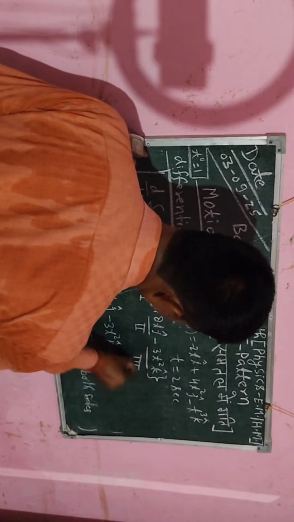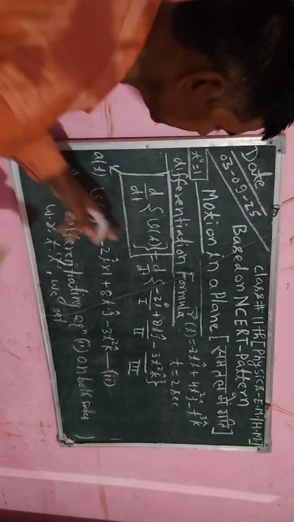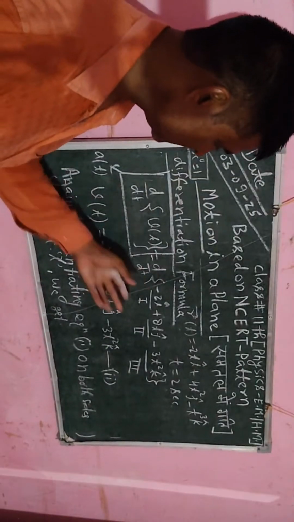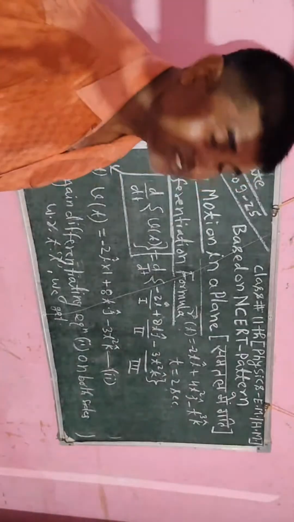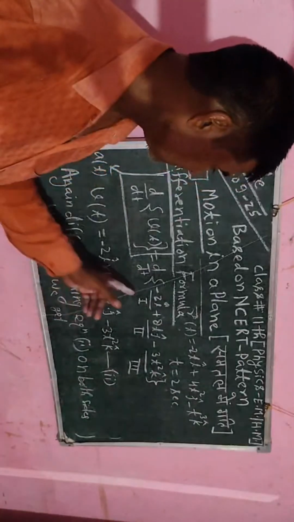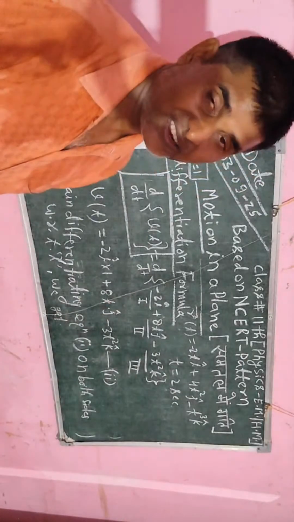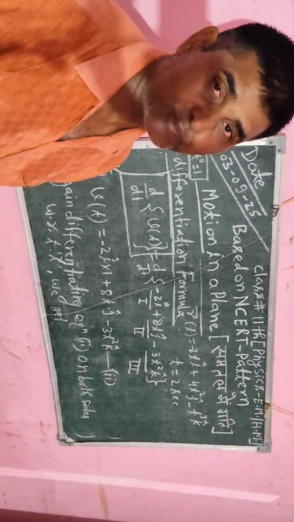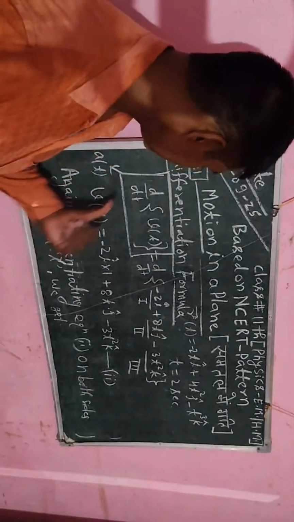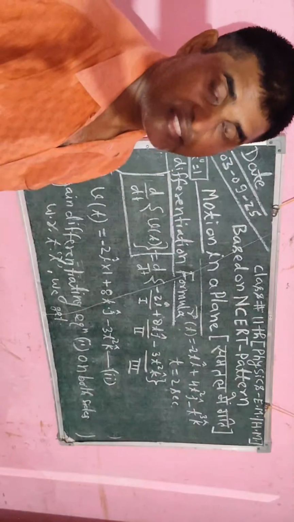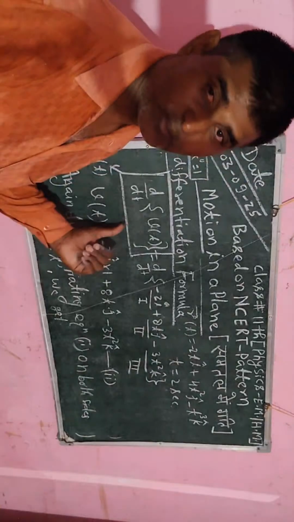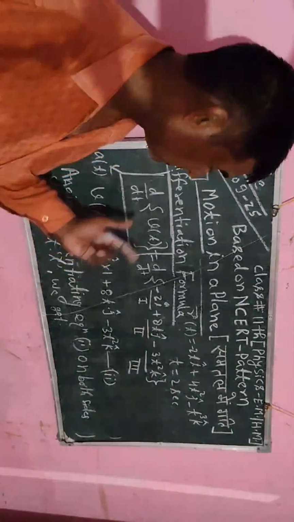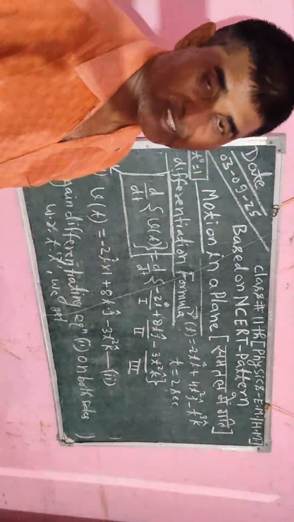I will multiply d/dt into each term, and then after multiplying I will use the concept of differentiation in each term. Then I will take the expression, and that expression will be the expression of the acceleration, and that will be a vector function of t.